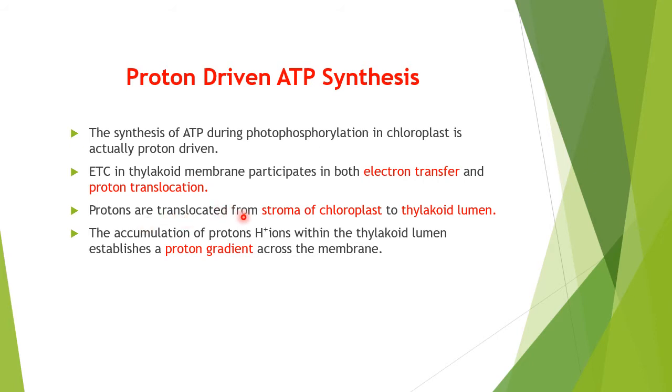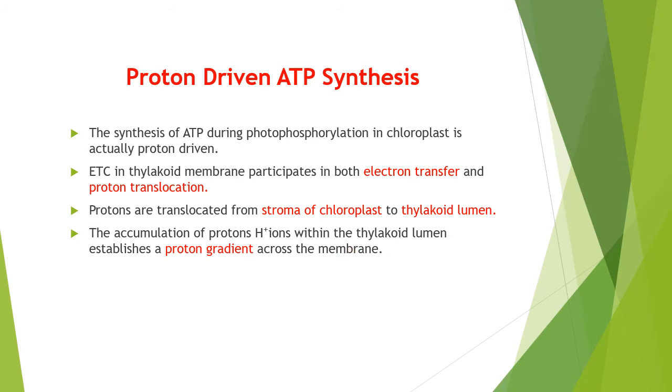Protons are translocated from the stroma of the chloroplast to the thylakoid lumen. And then the accumulation of protons, hydrogen ions, within the thylakoid lumen establishes a proton gradient across the membrane. So a proton concentration gradient will be established across the membrane.